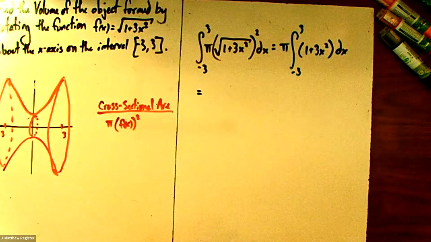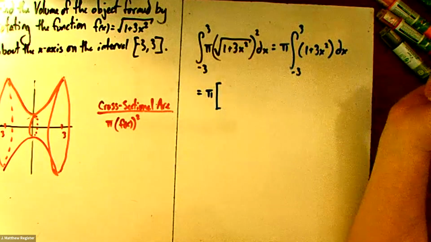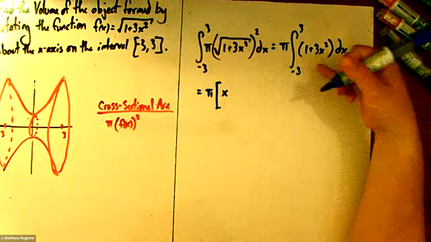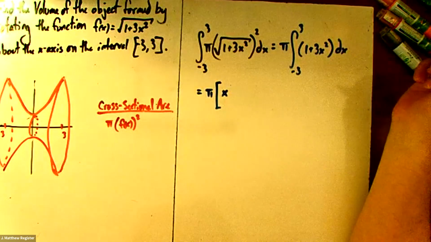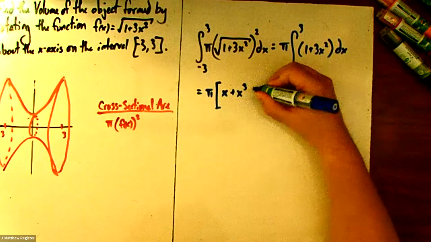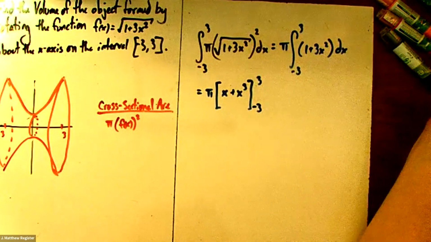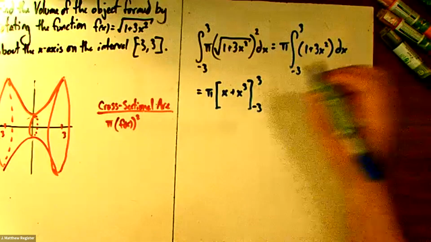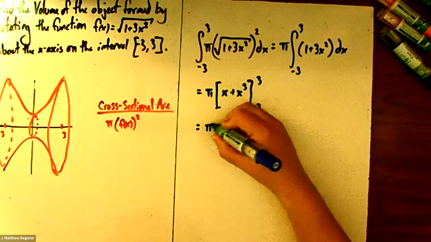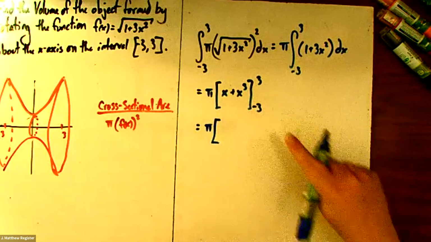Now we're just integrating. Pi can hang out. Integral of 1 is x. Integral of 3x squared is going to be x cubed. And now we just have to evaluate. So we're going to get pi. We could keep the pi there, I guess.